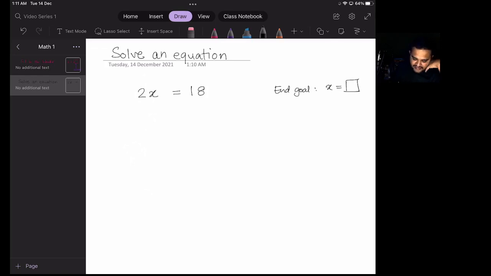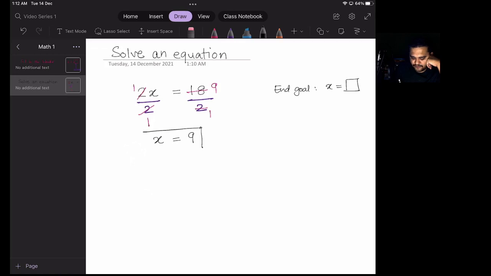So if I want x on this side, the only thing I can do here is divide by 2. And if I divide by 2 on the left hand side, I have to do the same thing on the right hand side as well. You know that 2 ones are 2, and on the right, 2 nines are 18, and what you get is x equals 9. So this is an answer that we already knew, right? So this is the first example.